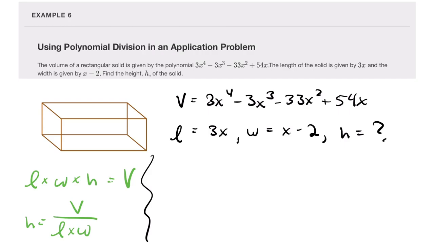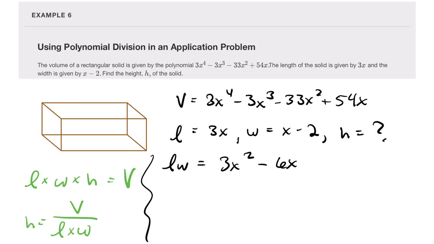So let's go ahead and do the length times the width: (3x squared minus 6x). Then if we want the height, we're going to say the volume divided by that result.